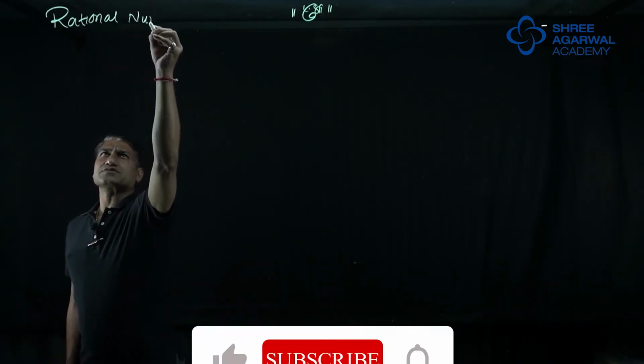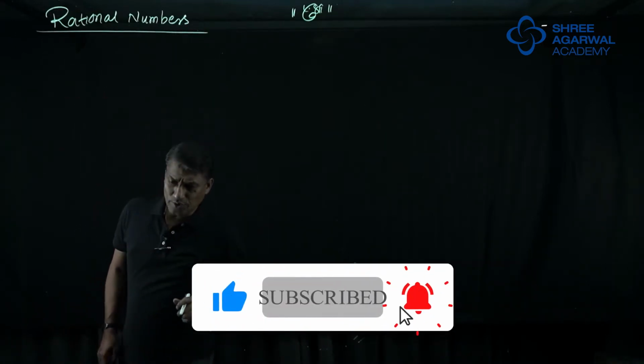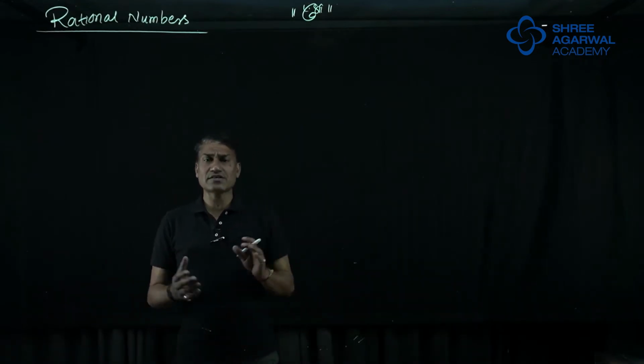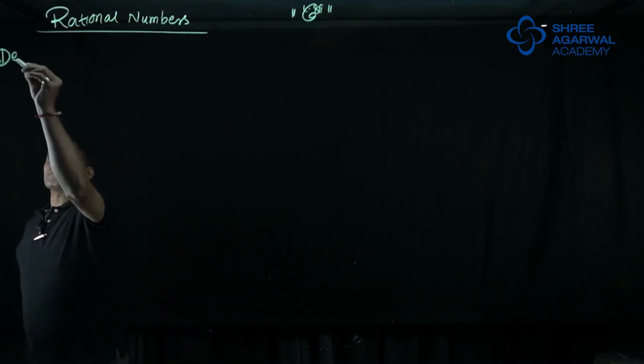Rational numbers. As I told you, the very first thing we are going to see is the meaning of a rational number, the definition of a rational number. So, definition.